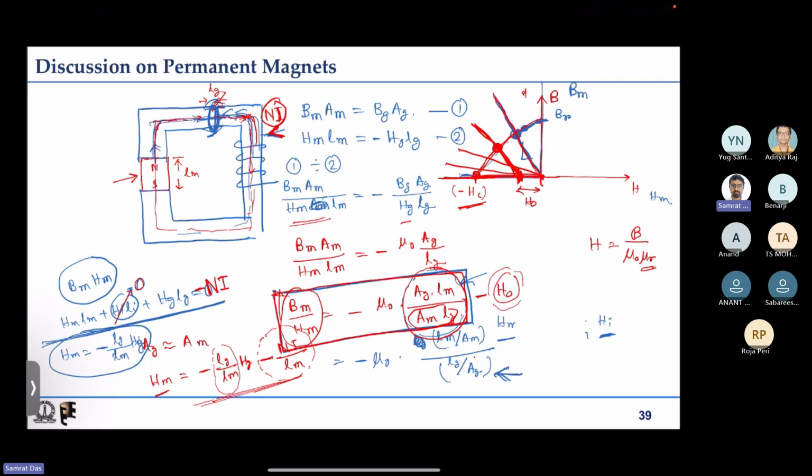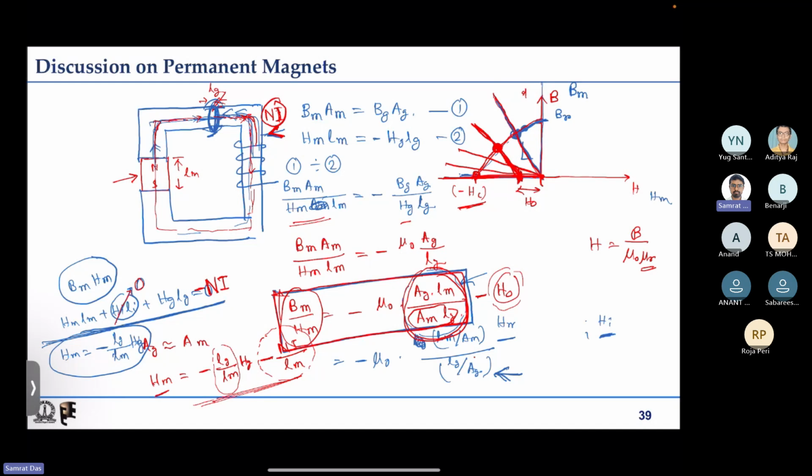Because unless you place your permanent magnet within some ferromagnetic material, there will be a lot of air gap. It will keep on giving flux, and if the flux has to flow through air, that means this ratio will be very low.